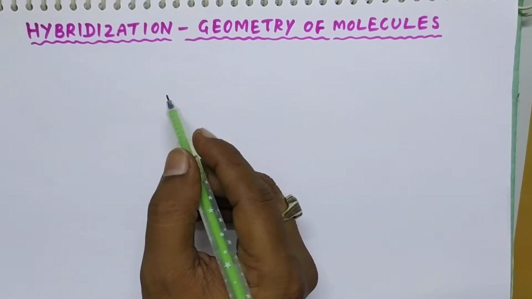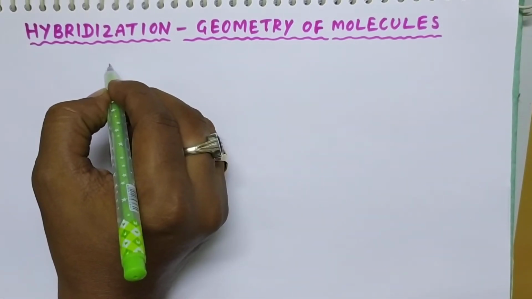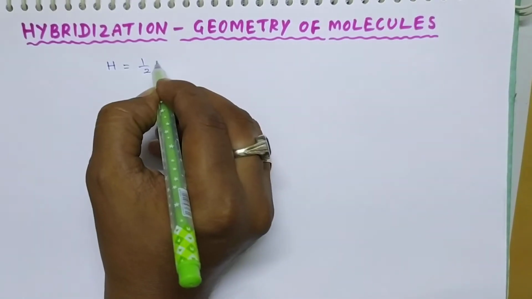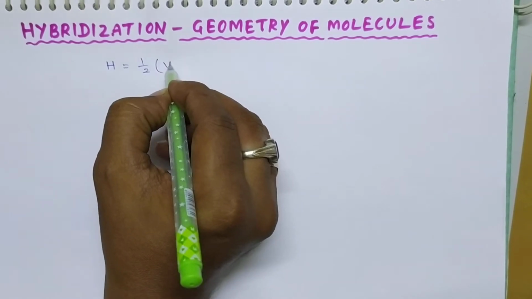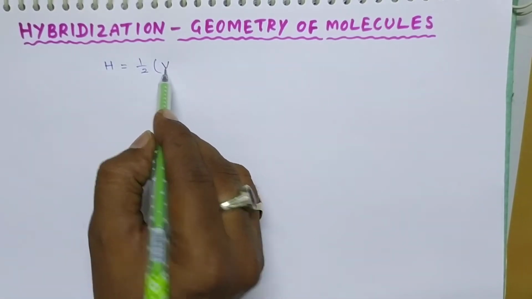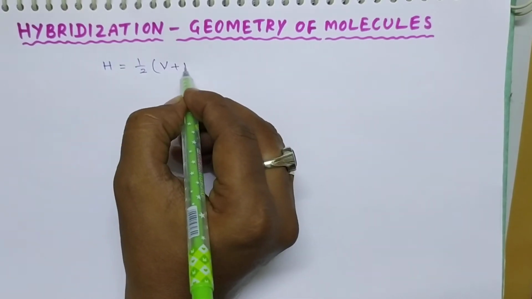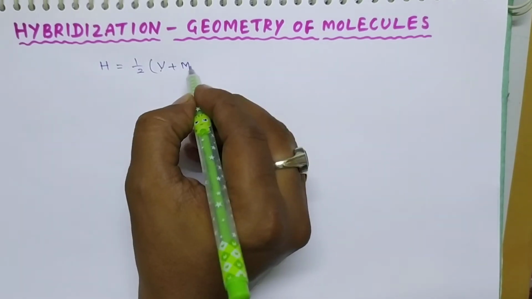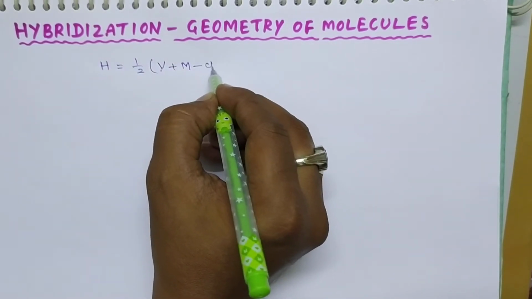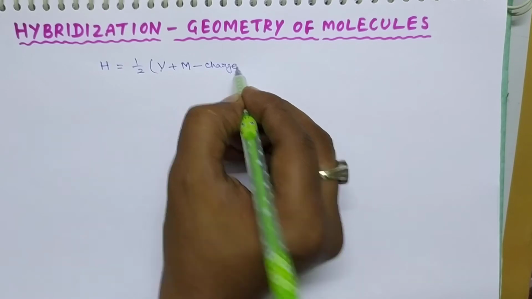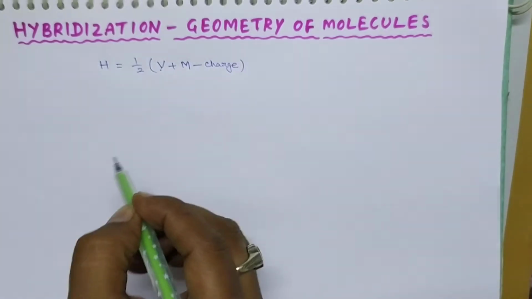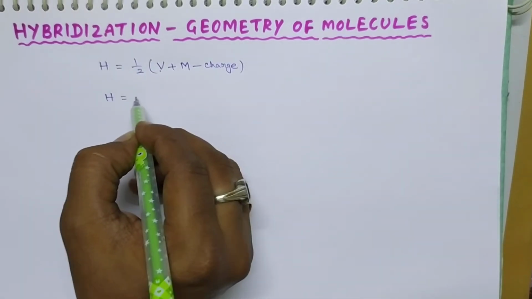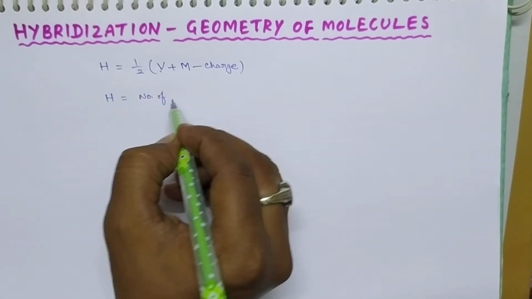The hybridization can be predicted by using the formula: hybridization is equal to half into the number of valency electrons at the central atom plus the number of monovalent atoms surrounded by the central atom minus the charge of the ion.